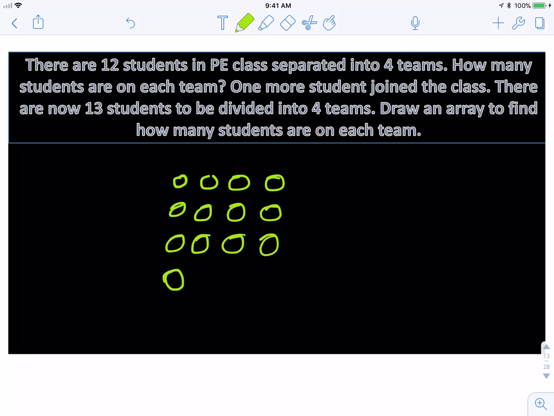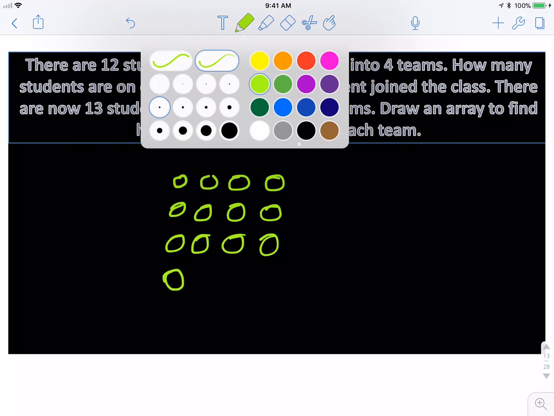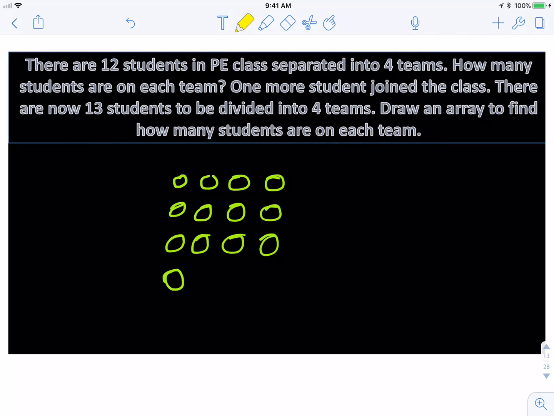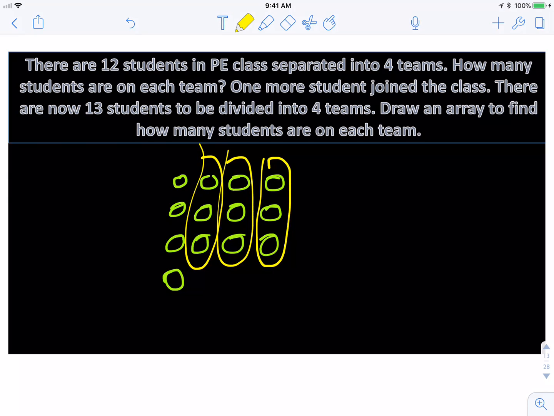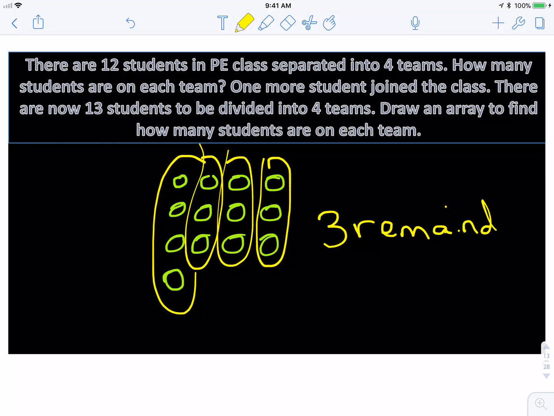There are now 13 students to be divided into 4 teams. So obviously, we have 3 on each team. We don't want to leave the other one out, so we're just going to group them in a team. But what you would say typically is you would have 3 remainder one.